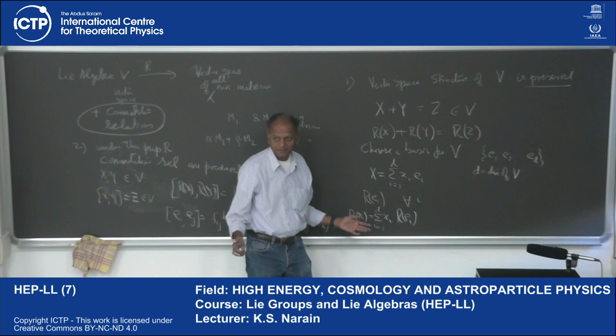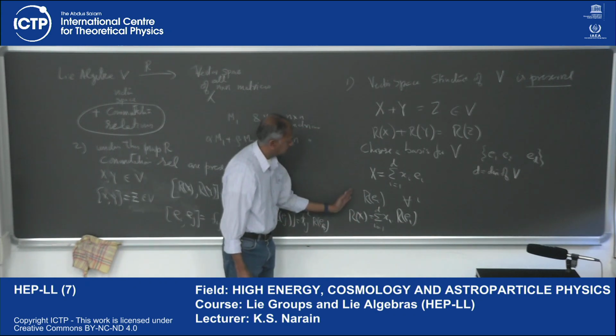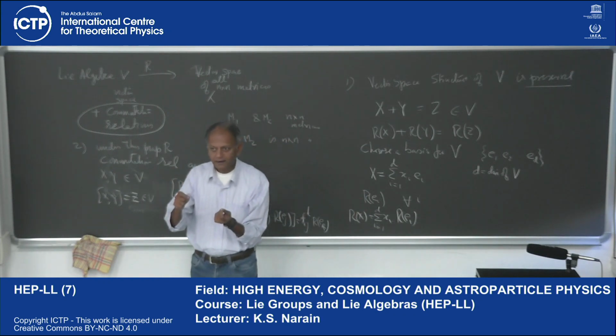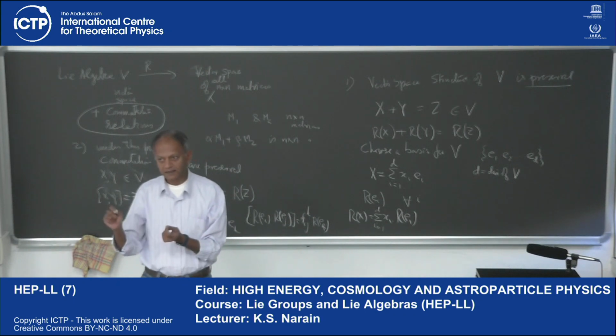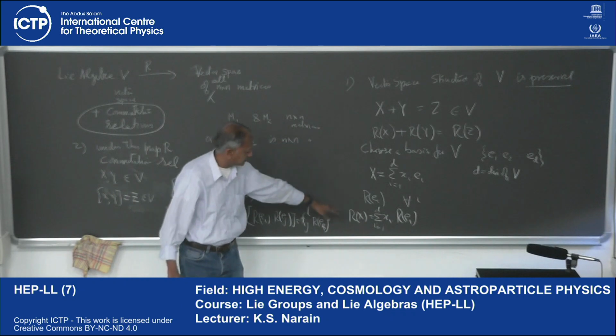So you see that you cannot even independently choose D of these different matrices. For example, take SU(2). If I just impose the vector space condition, then I can choose R of sigma 1, R of sigma 2, R of sigma 3 independently, and once I've chosen that, the vector space structure will be there.